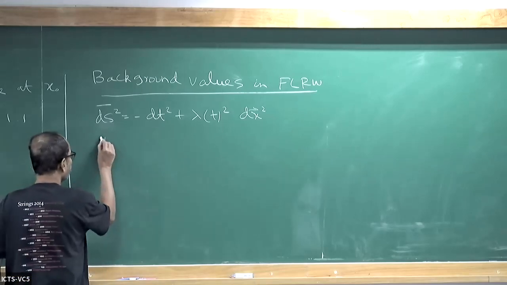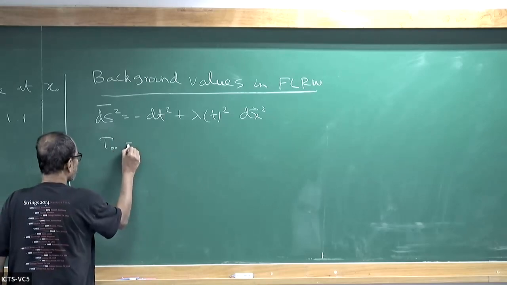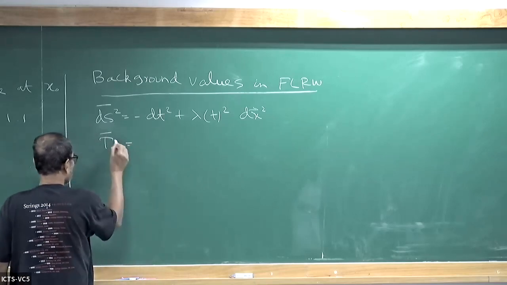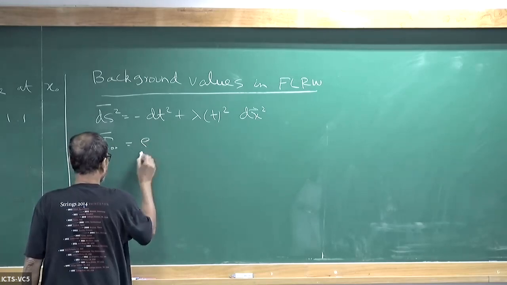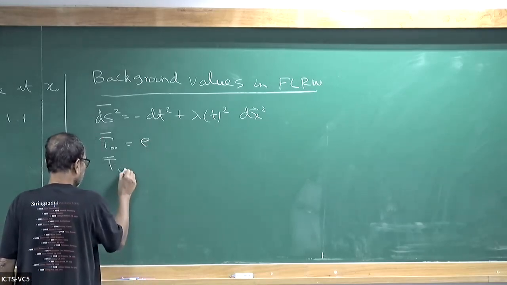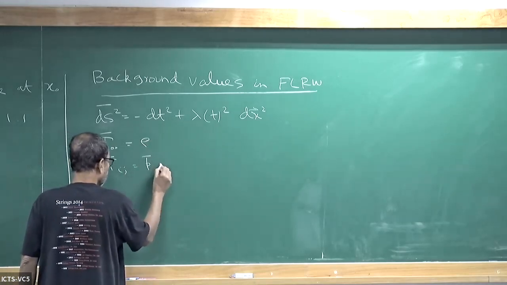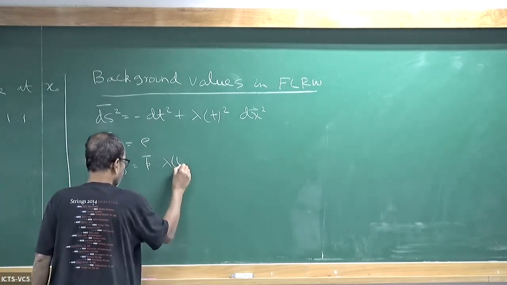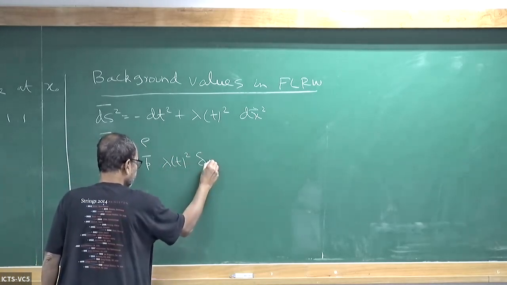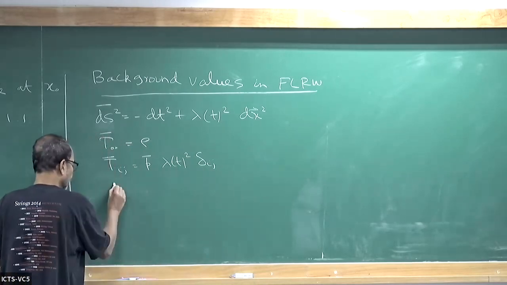T bar 00 is rho, T bar ij is P bar lambda(t) squared delta ij, and T bar i0 is 0.